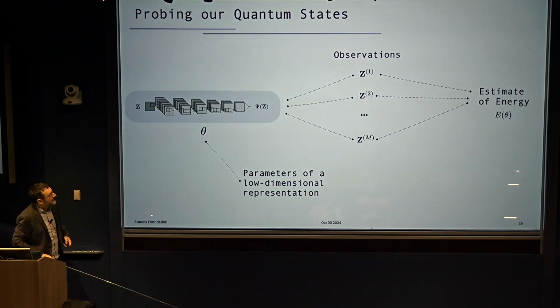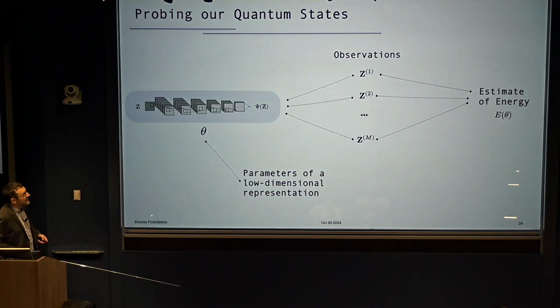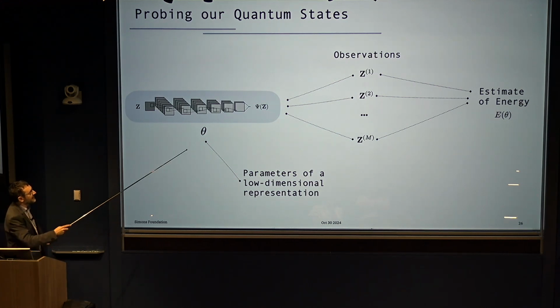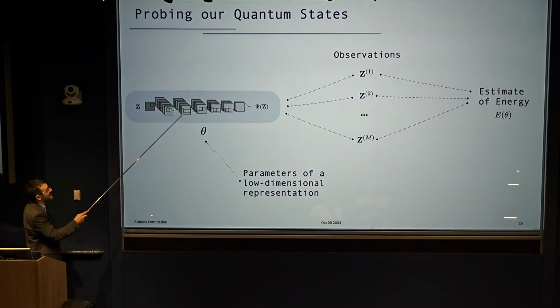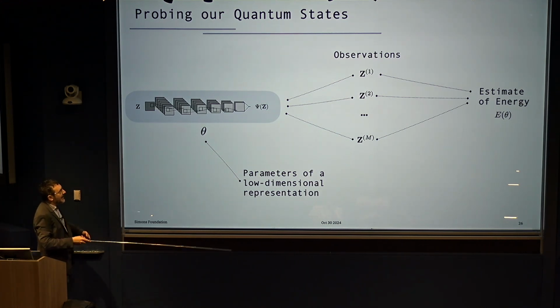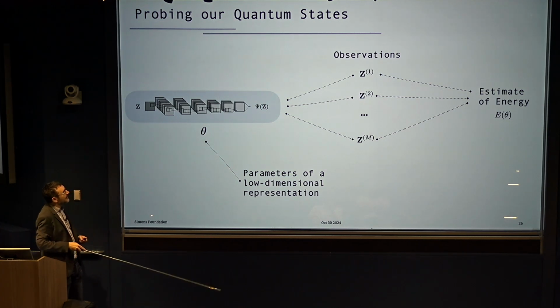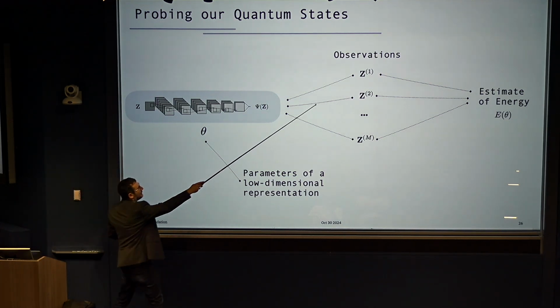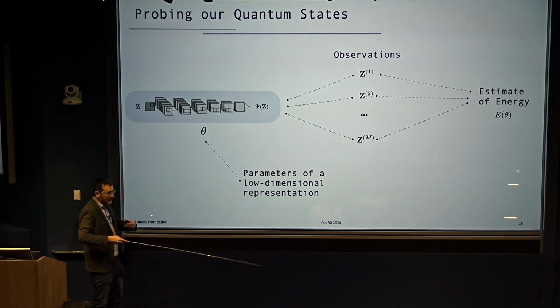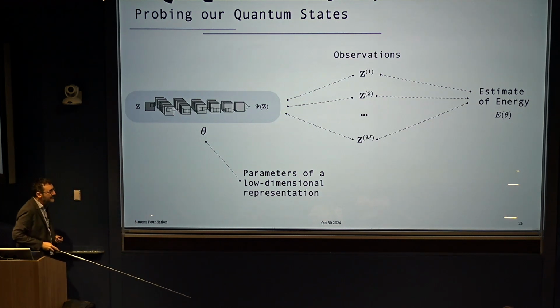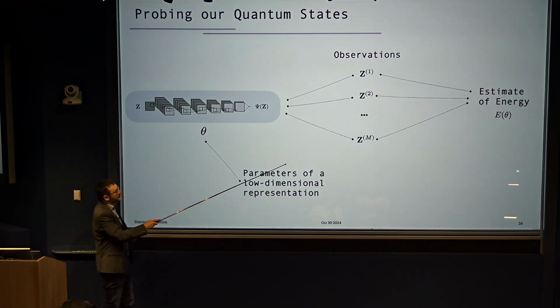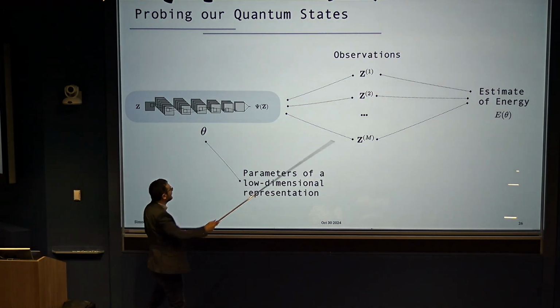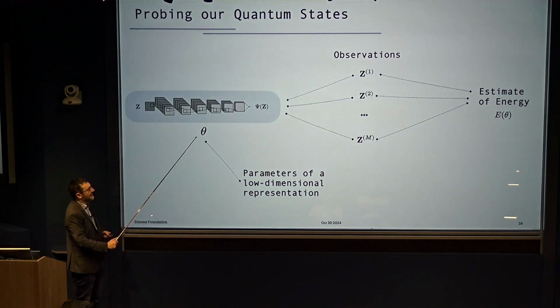Now, once we have this representation, what we can do is probe it. Fixing, for example, the parameters in this neural network, we can sample this neural network to generate many different possible states for our quantum system. And from these states, we can estimate the energy for this value of the parameters.